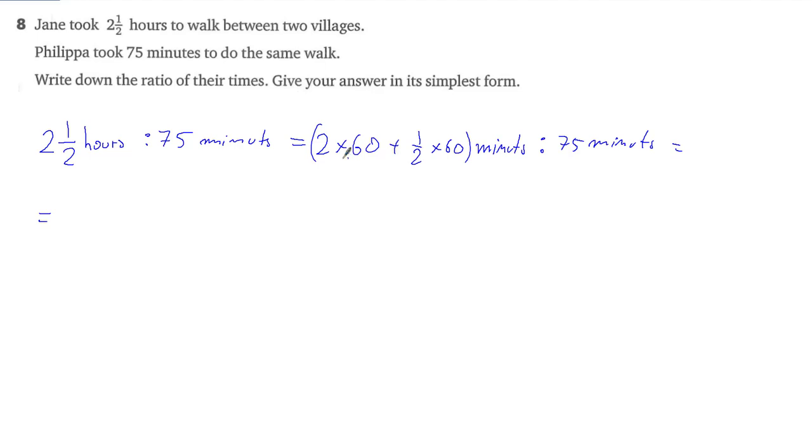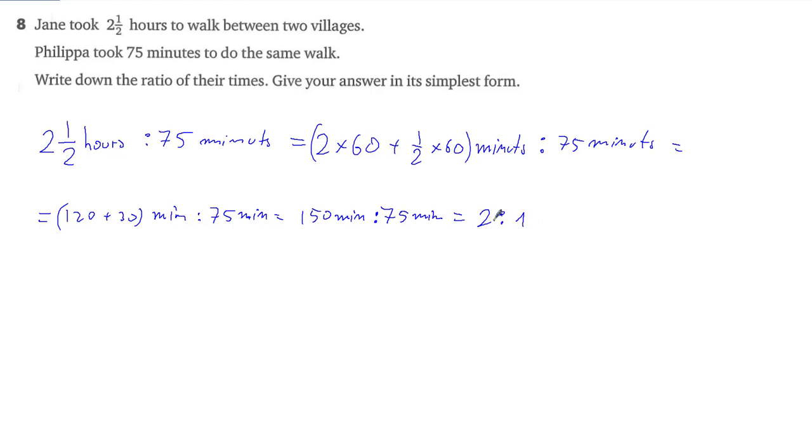So 120 minutes plus 1/2 of 60 is 30 minutes to 75 minutes. All right, which is 150 minutes to 75 minutes. We can simplify both of these by 75, so we will have 2 to 1.